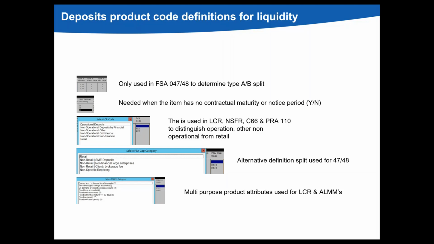In the way ALMIS has been developed, deposit data is typically retail data, but we do recognize that some deposit data that's coming through is non-retail, and so the sector differentiation we've done at the product code level within ALMIS, although strictly speaking it's a customer type definition, but there will be a need to define at the product level if you've got non-retail deposits. And operational, non-operational deposits, and so on and so forth, all for the purposes of reporting.